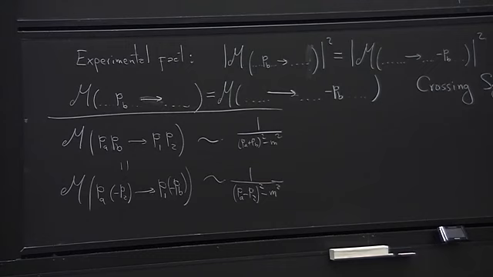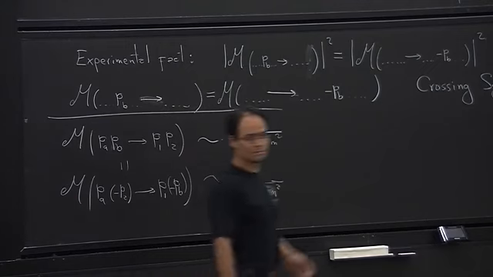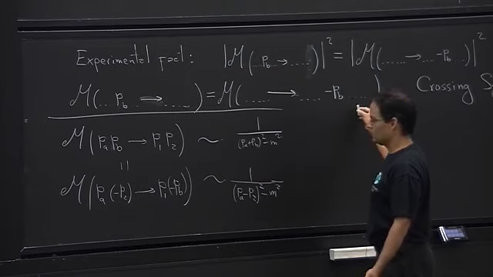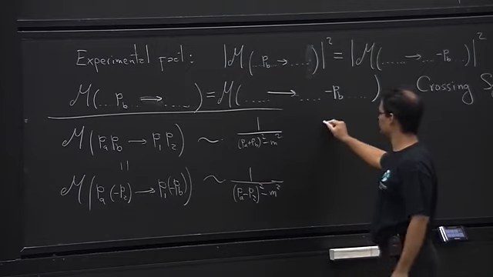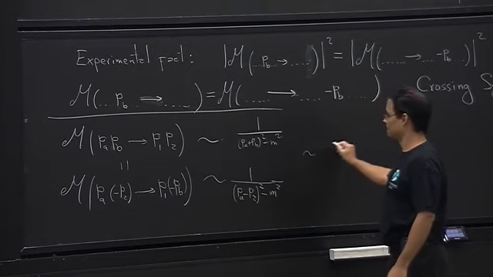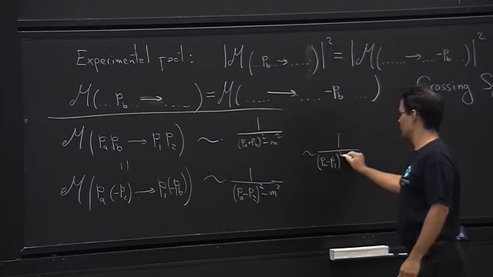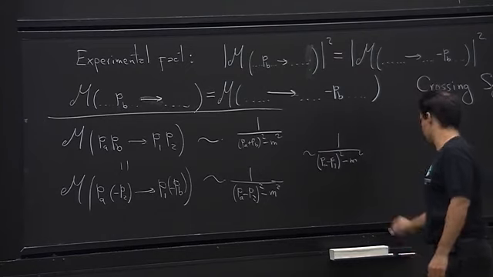What else can I conclude by playing my little game of crossing? It should have another one, even another one. So what's the other one? 1 over PA minus P1 squared minus M squared.